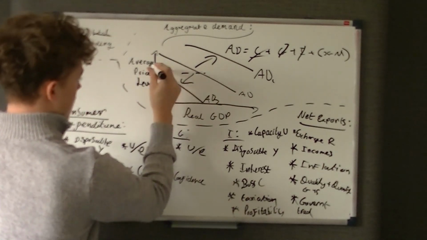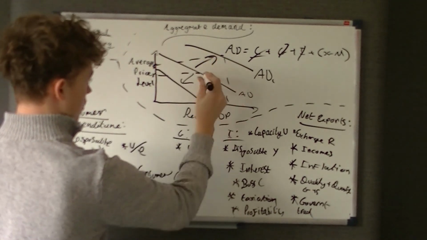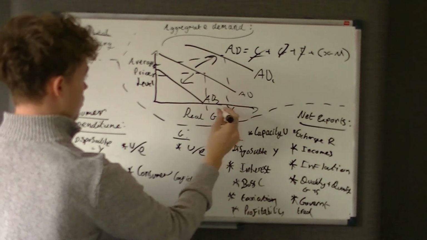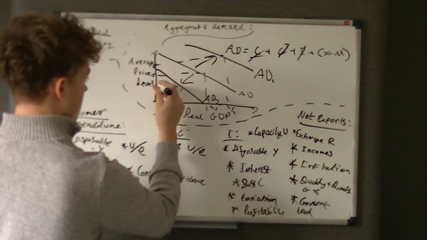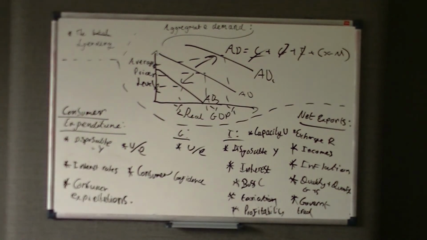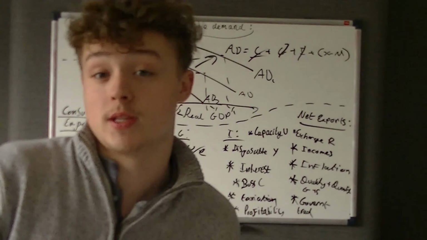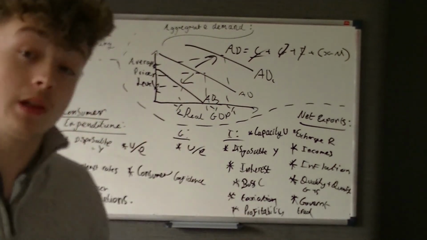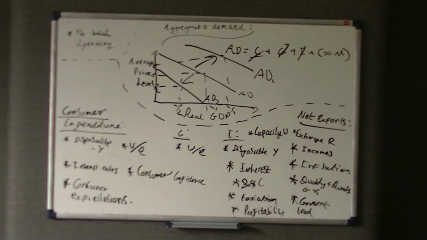So we've got P1 and Y1, and then that decreases to P2 and Y2. Sorry, it's not really good, but it's just a quick sketch. So hopefully that clears it up. And as with demand, any increase in price causes a movement along the aggregate demand curve. But apart from that, that's all you need to know.